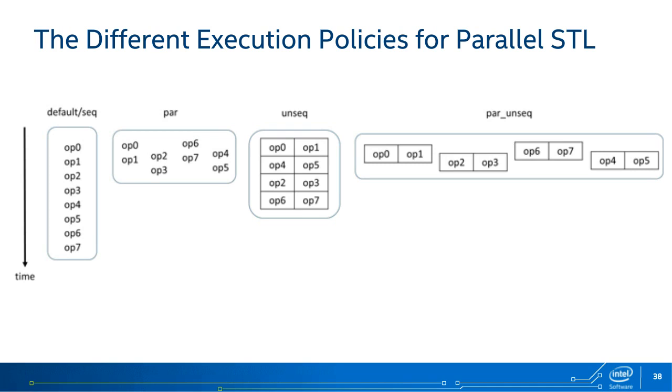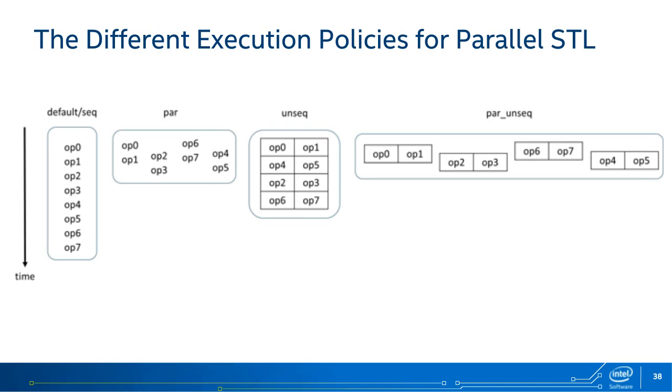There's also a par policy, which means that you can execute the operations in parallel on different threads of execution. There's the unseq policy, and this means that you can only use a single thread of execution, the calling thread, but you're allowed to vectorize.